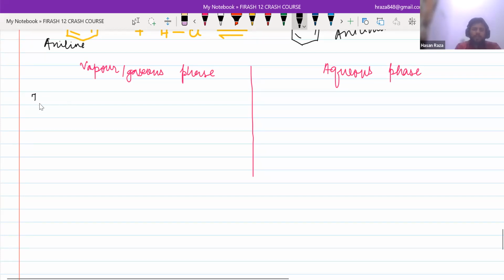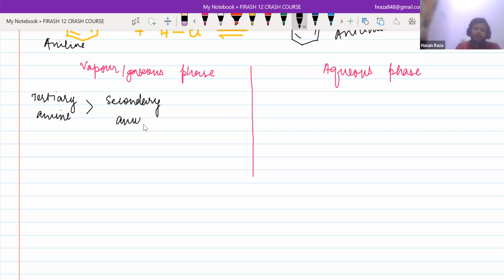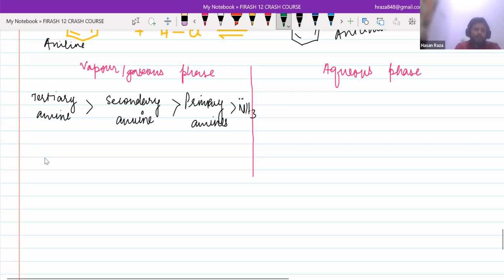So in vapor phase, it will be seen that tertiary amine is most basic. Then comes your secondary amine, and then comes your primary amine, and then comes your NH3.